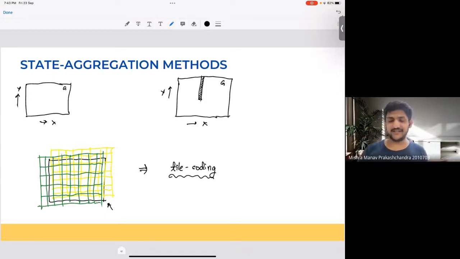First I put the green grid world, so I get some tile representation, and then I put a yellow grid, and then I get some other tile representation. So if I put more and more such grids, I get a higher number of overlaps. And the more overlaps, the better. And also you need to do a trade-off. You can't just draw infinitely many tiles, right? So it turns out that around 10 to 15 tiles gives very good results in this case. So this is how your state aggregation method looks like.